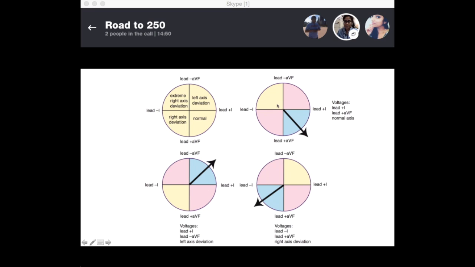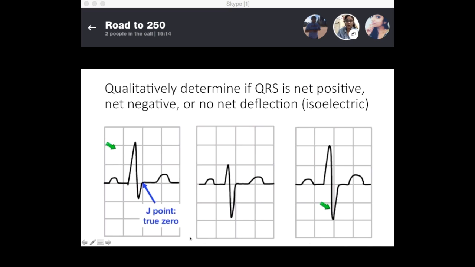So that's considered normal. Now, if we go down to the bottom left box, in our ECG tracing lead 1 shows a positive deflection, but in the AVF lead there's a negative deflection. Something like this is seen on the QRS in lead AVF.